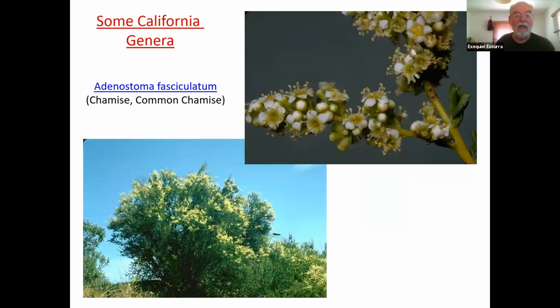And finally, I think, this is the last one, Adenostoma fasciculatum, known as chamise or common chamise. You can see the flower, typical rosaceous flowers. The leaves are small and scaly, and they form a central shrub in chaparral. They belong to the subfamily Spiraeoideae.